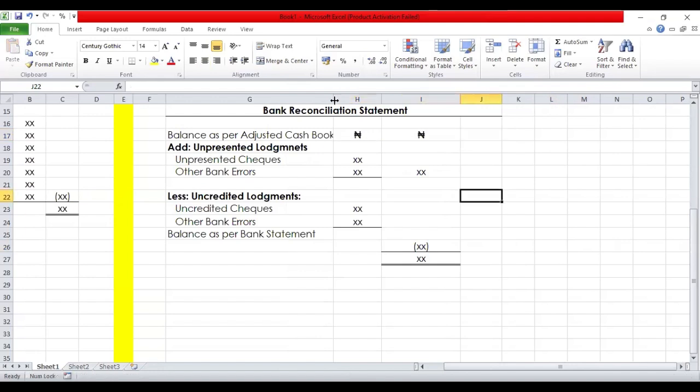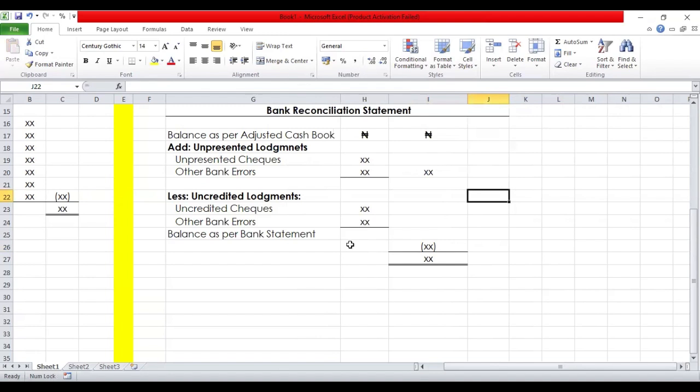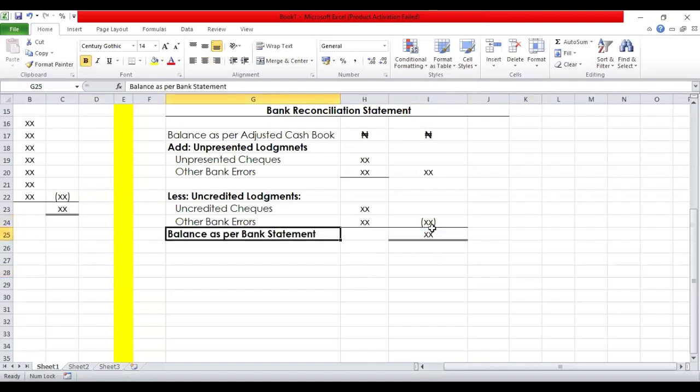This is what it's going to look like at the end of the day. Only unpresented check and bank error, uncredited check and bank error. Then what we are going to have here will now be balanced as per bank statement.